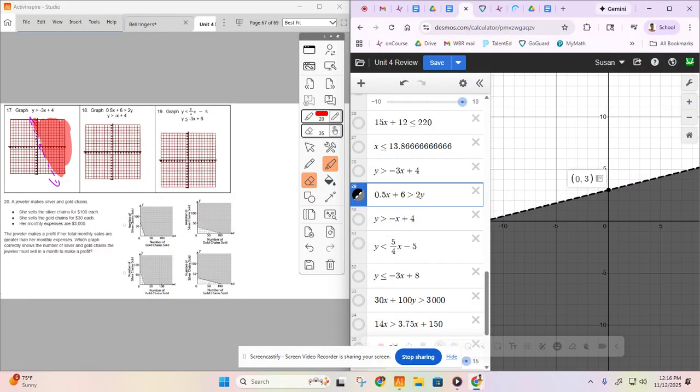So it goes through -4, and the y value of that was 2. -4, 2, and 0, 3. That is a dashed line, so I'm going to dash it. It's shaded below.